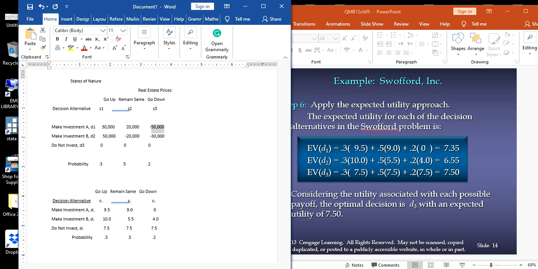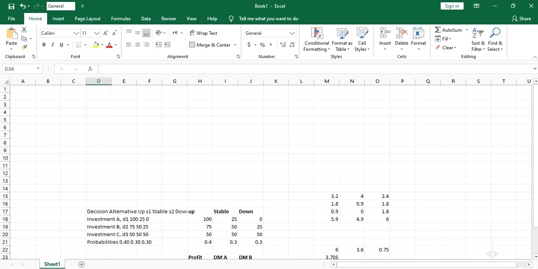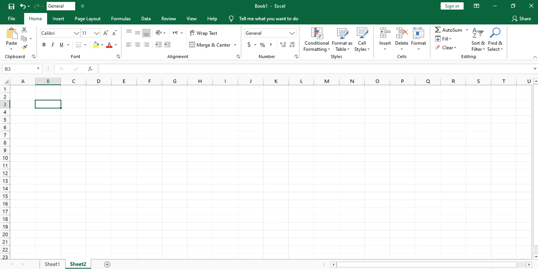For example, I'm telling you a simple example and you understand what we are talking about. So we have two investors, 1, 2. And we have two investments. The same investments.